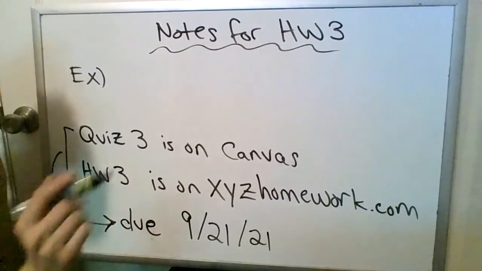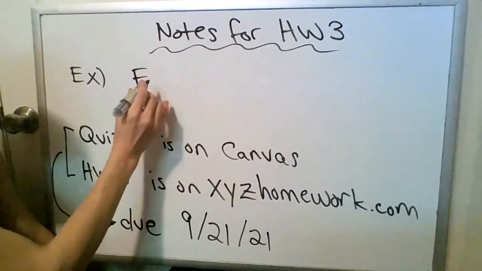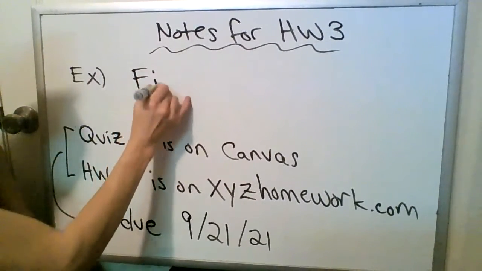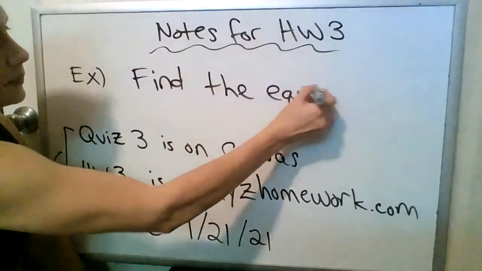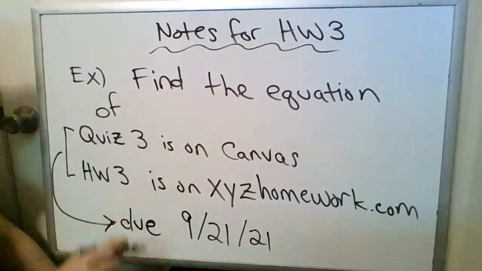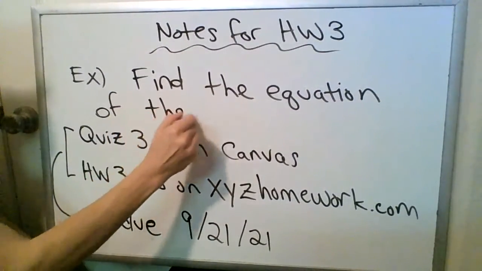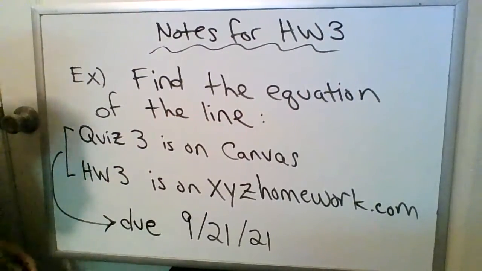We talked about horizontal lines and vertical lines. So we're going to find the equation of the line with the following graph.